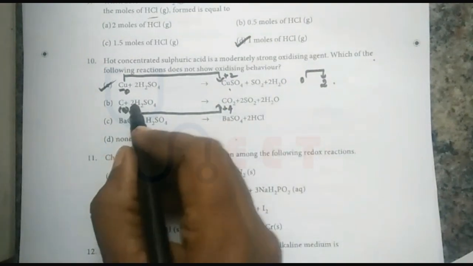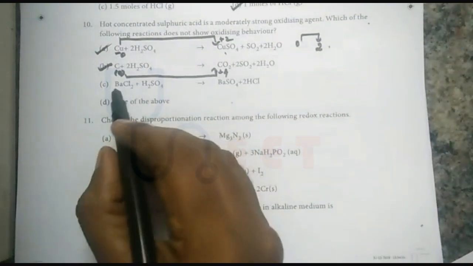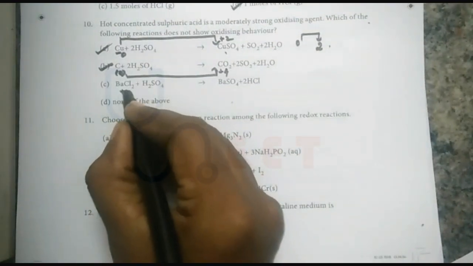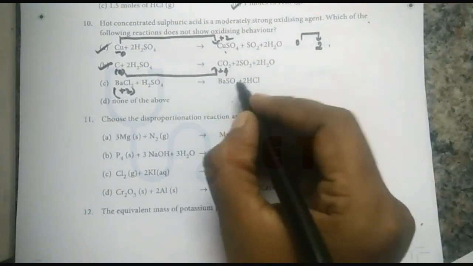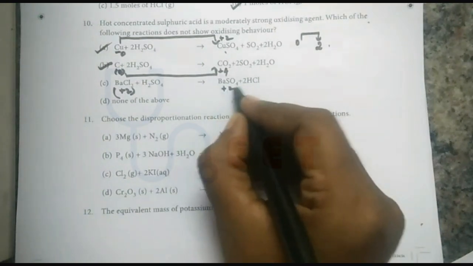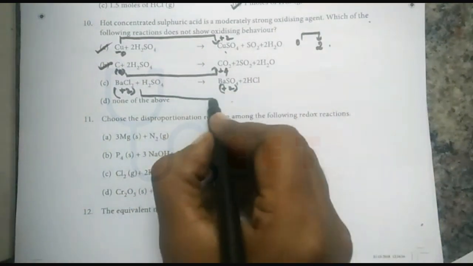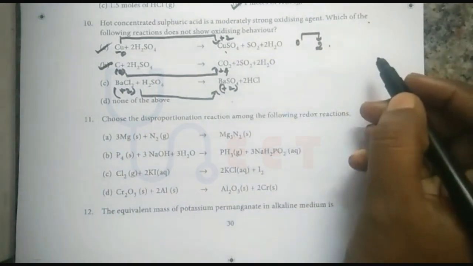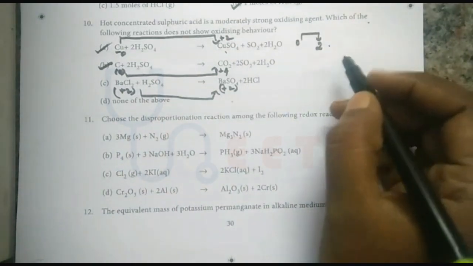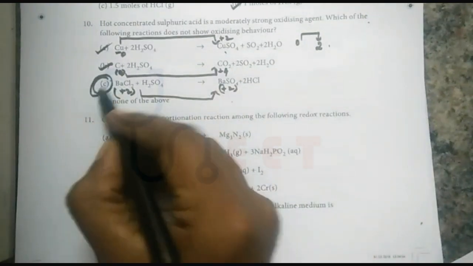The carbon also undergoes oxidation. Then barium chloride: here the barium oxidation number is +2. In barium sulfate, the oxidation number is also +2. So barium does not undergo oxidation or reduction reactions. So the answer is C.